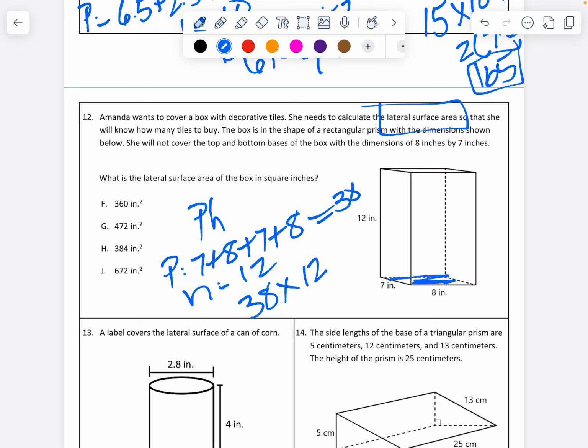Oh, that's not a 38, it's a 30. 30 times 12, which is going to be 360. So that's F.